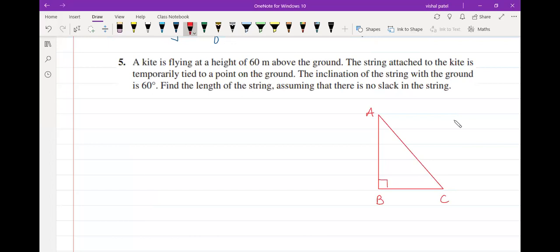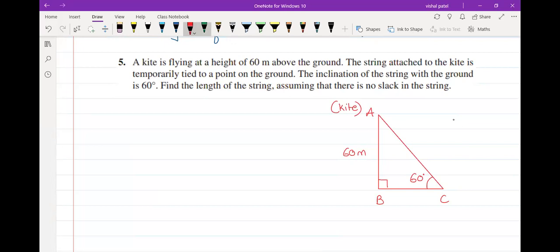So this is the position of the kite. It is flying at a height of 60 meters above the ground, and the string to the kite is temporarily attached on the ground, making an inclination of 60 degrees.